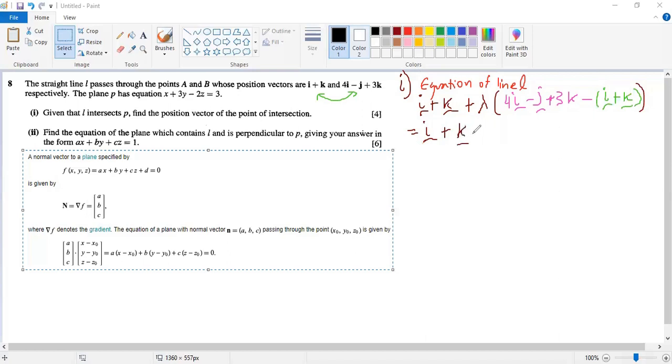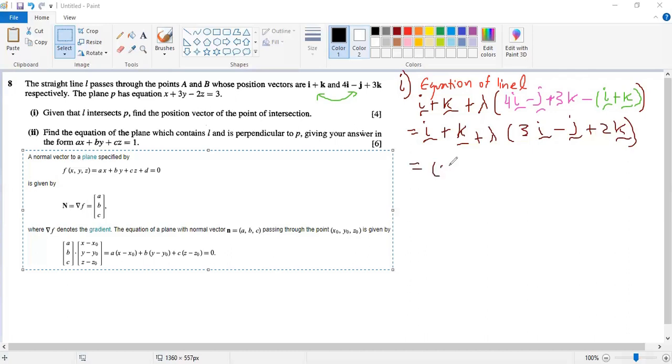i plus k plus lambda, let's do it in the bracket, please. So it is 3i minus j, and 3k minus k is plus 2k. Okay, then we multiply it out. Correct. Let's just always double check and make sure it's correct.